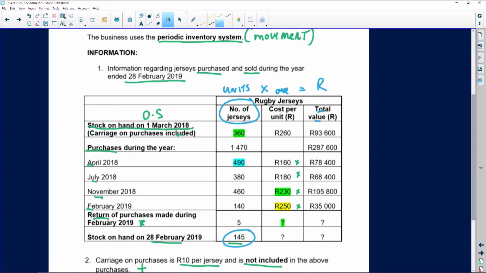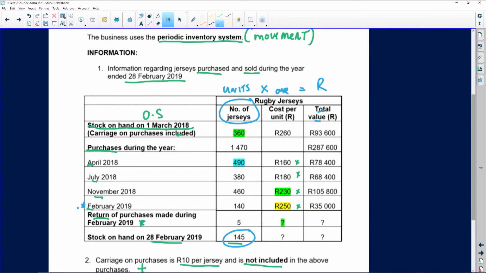If you look at our purchases, April, July, November and February, obviously February was the very last month that we purchased the jerseys. In order for us to value our stock, we are going to move from the bottom towards the next purchase. Remember, your starting point is the bottom, the very last purchase.